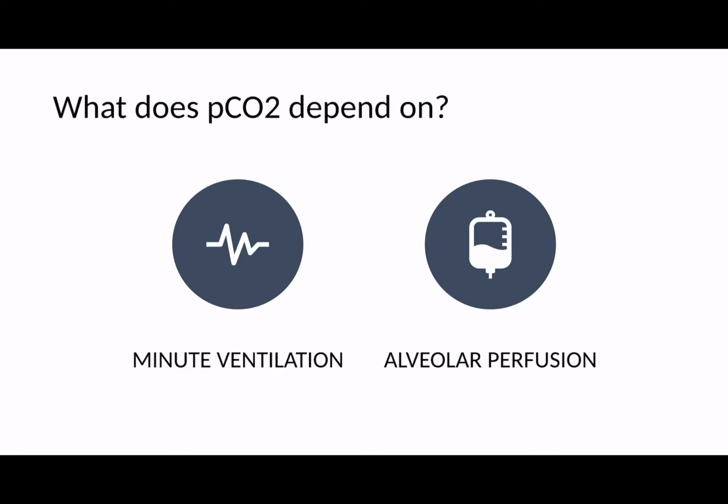So it's dependent upon the minute ventilation, which is a function of tidal volume and the respiratory rate. Again, as with oxygenation, it's so important to think about alveolar perfusion. Again, no point in having alveolar units, having gas coming in and out of it, if there's no blood to take the oxygen in and to remove the carbon dioxide as it's flowing past the alveolus.